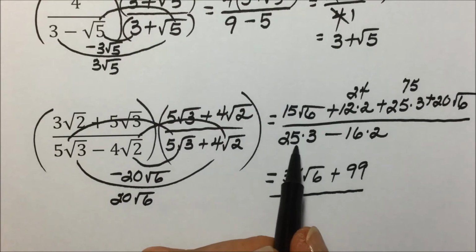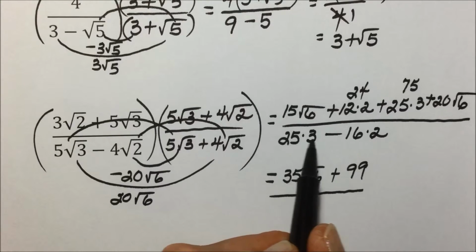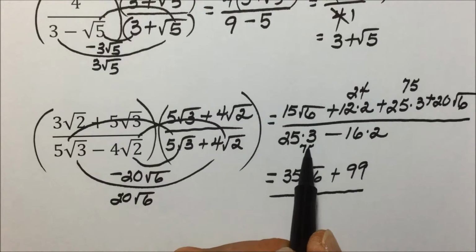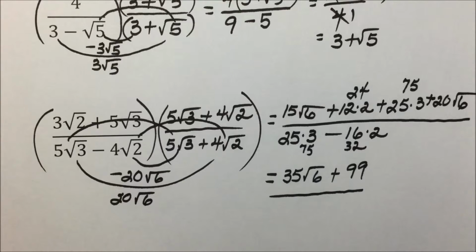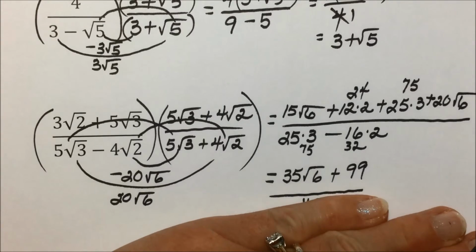In the denominator, 3 times 25 would give us a 75. 16 times 2 is 32. And we're subtracting, so we end up with a 43 in the denominator.